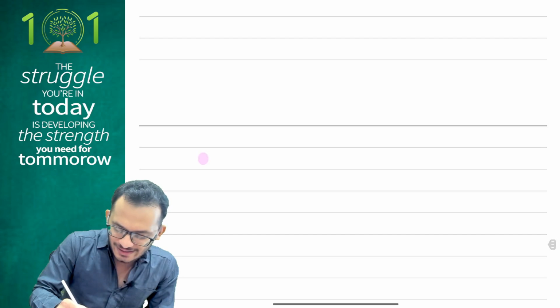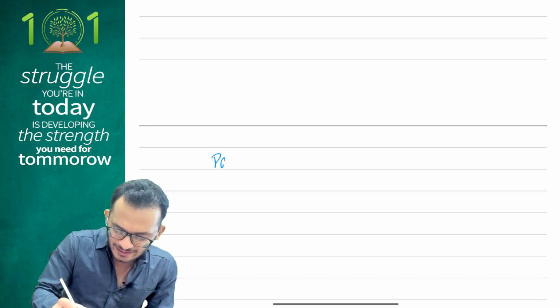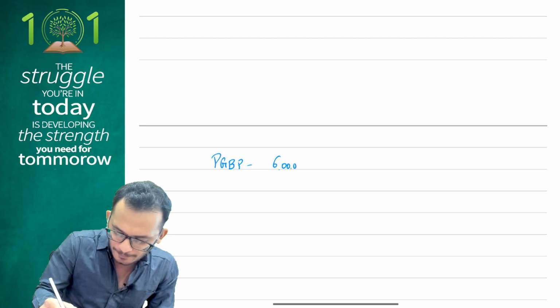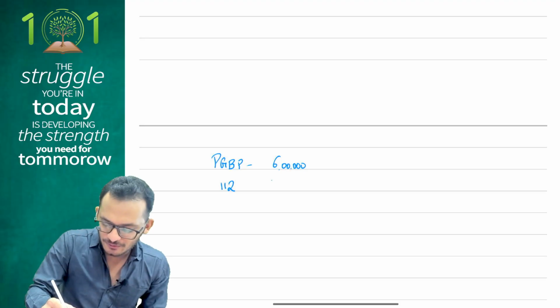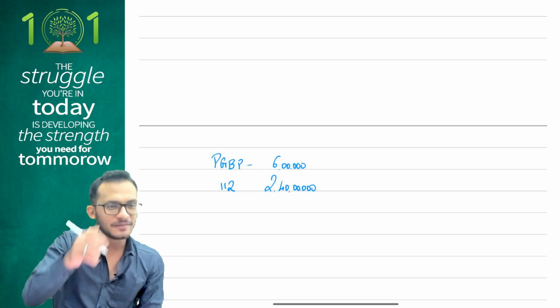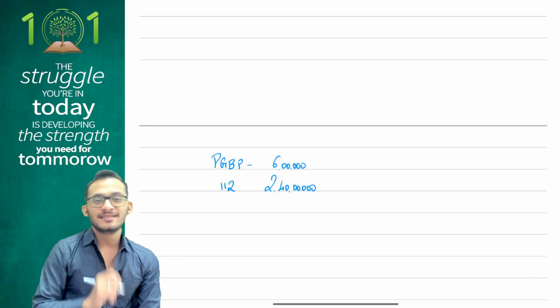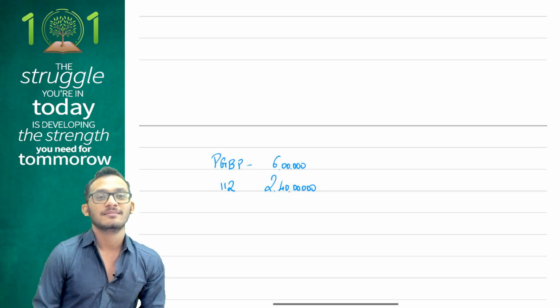Scenario is like this. Imagine a case. I have a PGBP income of, let's say, 6 lakhs, and in the current year I have a 112 income of 2 crore 40 lakhs. You can try whatever you want, put it in income tax and it will come. Now, this is a scenario where you've got an income of 2 crore 40 lakhs in your CG and 6 lakhs on slab.